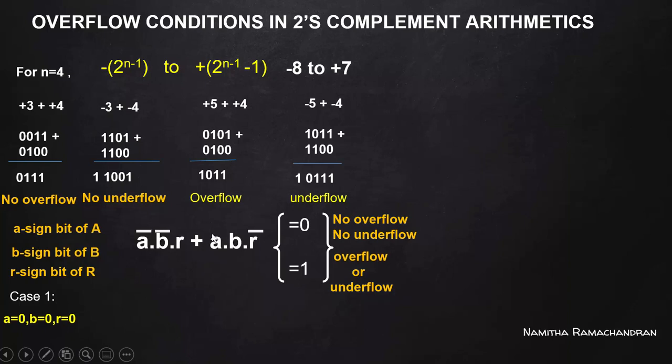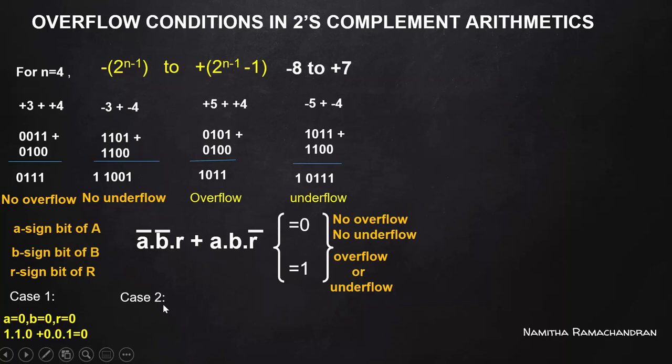So apply this over the expression: a complement and b complement, that is 1 into r, that is 0, plus a and b are 0, 0 into 0 into r complement, that is 1. So 1 into 1 into 0 is 0, 0 plus 0 is 0. So case 1, if this expression returns value 0, no overflow and no underflow.